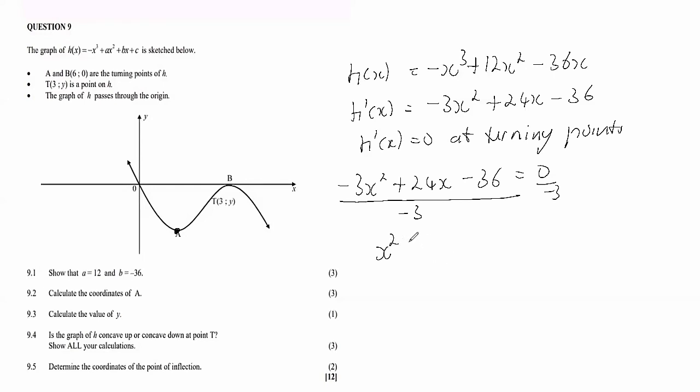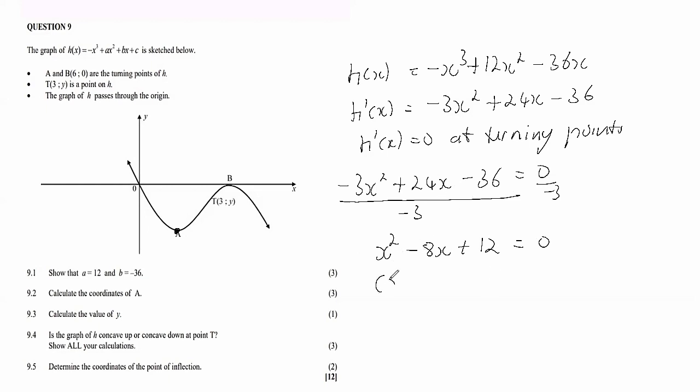And then we end up with this, and that divided by negative 3 is going to give us 8 here. So that's negative 8x. And then here, this is going to give us positive 12 equal to 0.